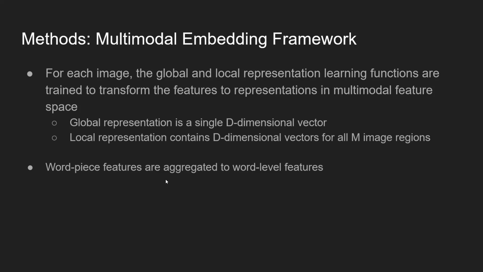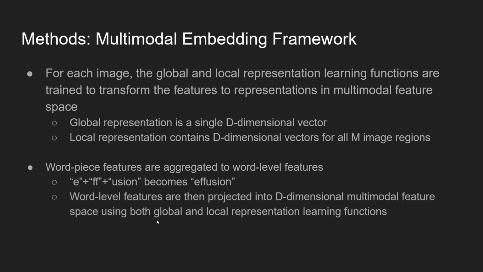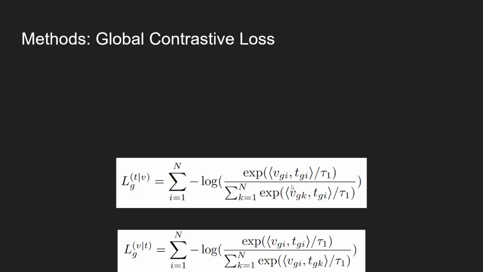And the word piece features are aggregated into word level features, and word level features are then projected into D-dimensional multimodal feature space using both the global and local representation learning functions.